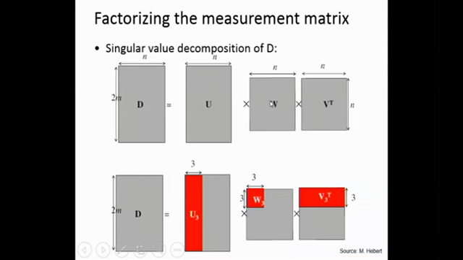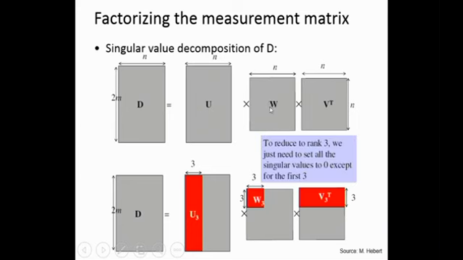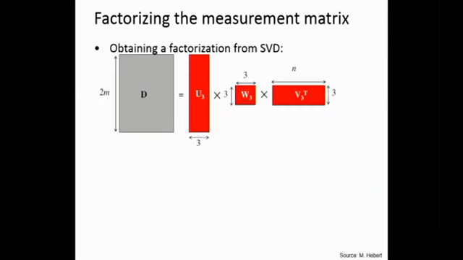So I can just force all the singular values except for the top 3 to be 0, and then correspondingly select only the first 3 columns of U and the first 3 rows of V transpose. So now I've got something that at least has the right shape. I've got my U3, some kind of scaling 3 by 3 matrix, and V transpose, where U3 is the shape that I want for my affine parameters, and V transpose is the shape that I want for my points.